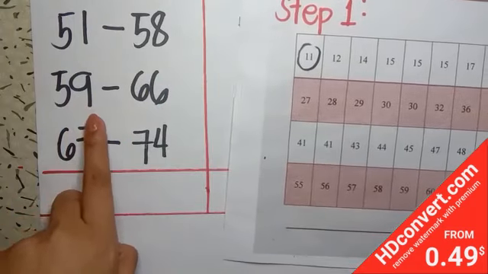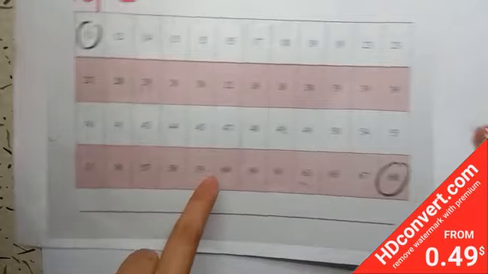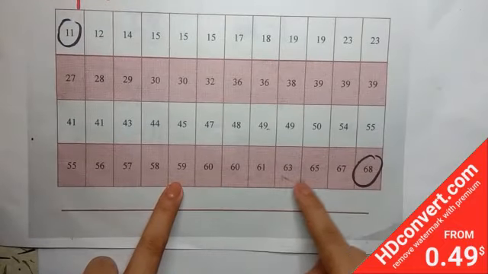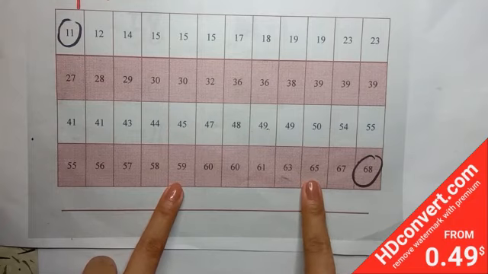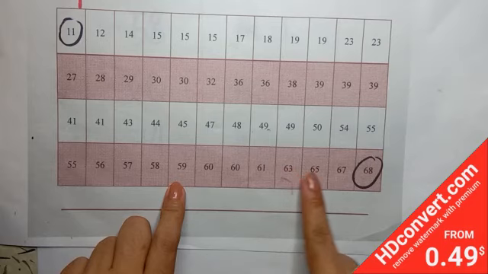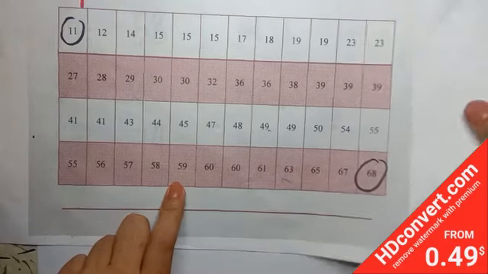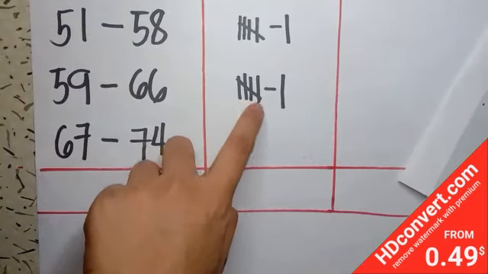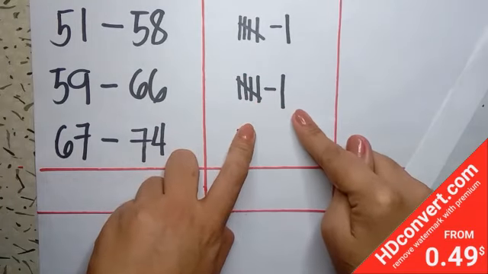Next, 59 hanggang 66. So, walang 66, kaya mag-end ka sa 65. Bilangin mo lang, 1, 2, 3, 4, 5, and 6.